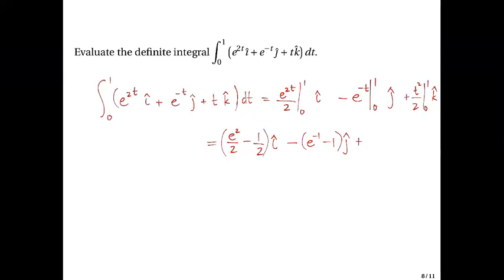Then plus at 1, here you have 1/2, and then at 0, you have 0. So 1/2 k hat. So this is the integral of this vector valued function from 0 to 1. So straightforward computation.